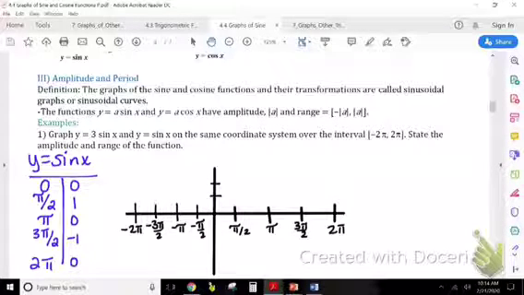And so let's see, I'm going to let it go up to 3, and we're going to then go down to negative 3. So then graph your points. The y equals sine x, that's like the parent function. That is our parent function, yes.